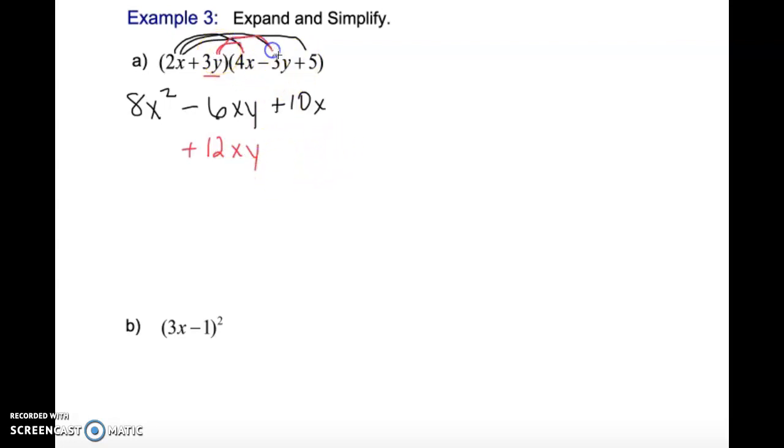Positive 3y multiplied by a negative 3y is going to give us a negative 9y squared. And then positive 3y multiplied by a positive 5 is going to give us a positive 15y.